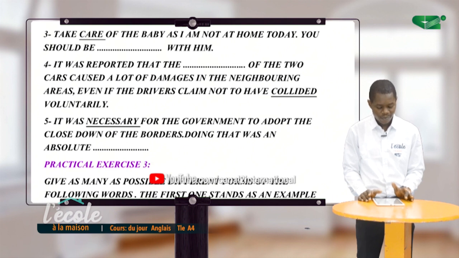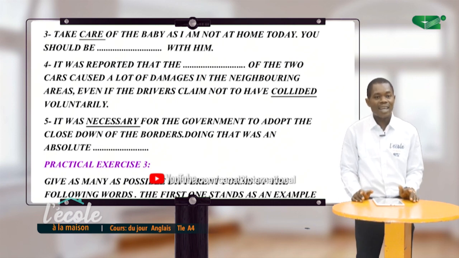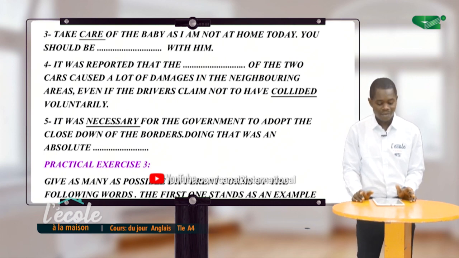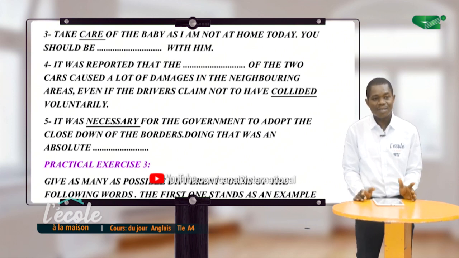Number 4. It was reported that the collision of the two cars caused a lot of damage in the neighboring areas, even if the drivers claim not to have collided voluntarily. Okay. The word on the line is collided. If we identify the grammatical class, it is considered here as a past tense because of the ed.